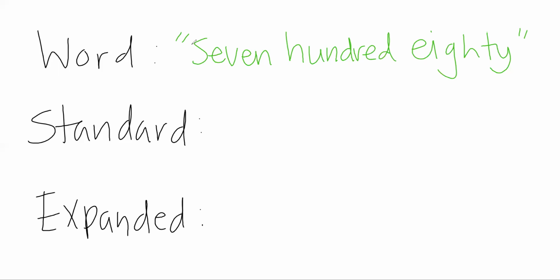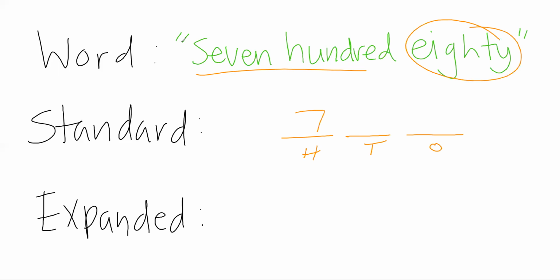Okay, welcome back. We're working with 3 digits. So if I want to write it as a standard form, I could put 3 blanks, because there's the ones place, the tens place, and the hundreds place. When I first read my number, it says 700. And then the second number I hear is 80.